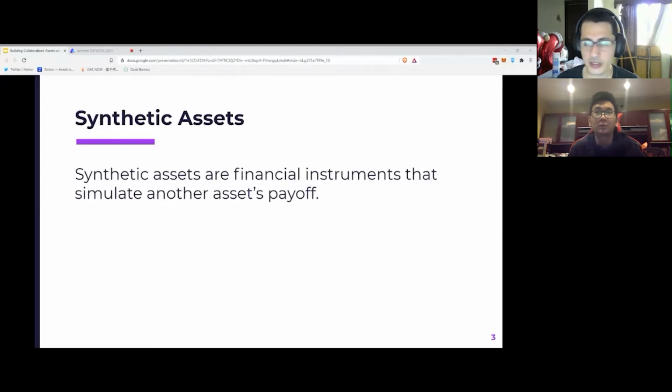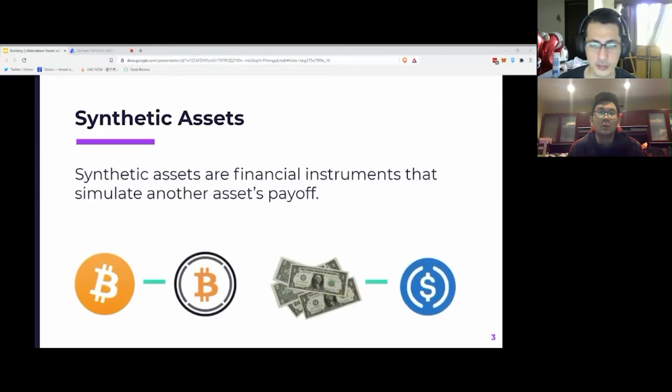So for that, we are using something that you might have heard of, synthetic assets. Synthetic assets usually are referred to as backed by collateral. In the traditional finance world, usually they are referred to as instruments that simulate another asset's payoff. In that sense, these assets are not the real assets, so it's called a synthetic. And in the DeFi world, on the blockchain, we have seen, for example, wrapped BTC.